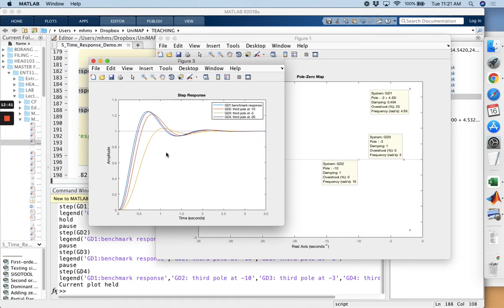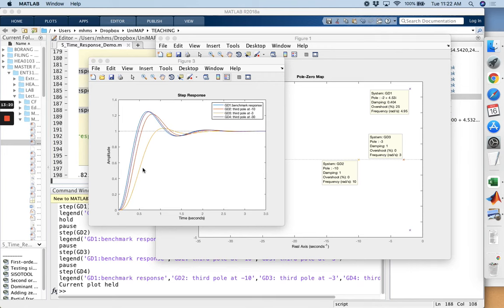The ratio, negative 30 divided by 2, is 15, so the ratio is 15 times. The third pole is located 15 times farther to the left than the dominant poles. So for this third order system, we can use second order approximation to find the parameters of the time response.